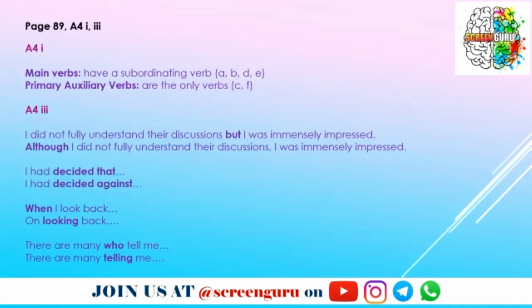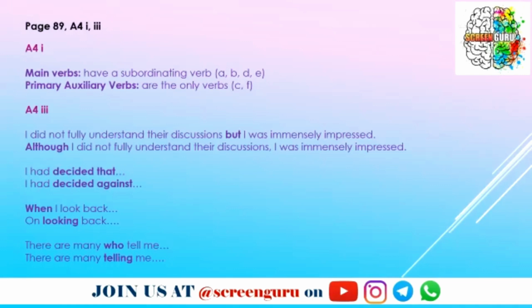So when there is a non-finite verb in a sentence, there will also be a finite verb in the sentence. That finite verb will be the main verb. But when there is only one verb in the sentence and there is no non-finite verb, then that verb is the primary auxiliary verb. I have categorized the sentences. Sentence number A, B, D, and E have main verbs, whereas sentence number C and F are primary auxiliary verbs.